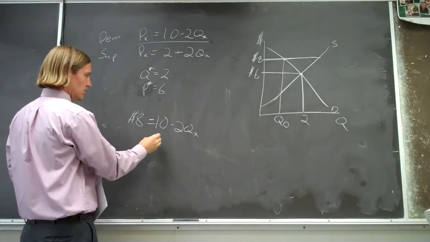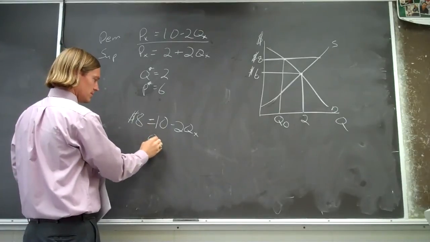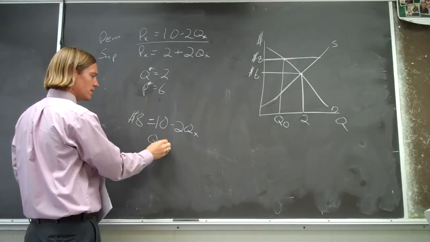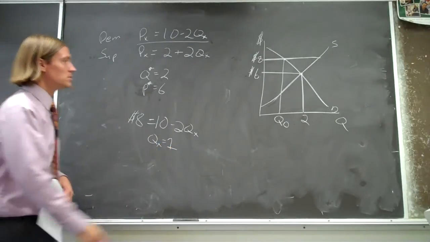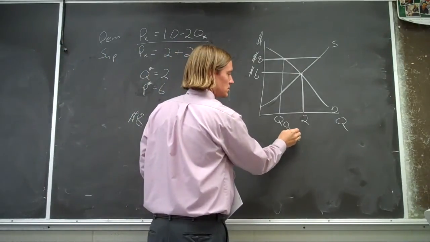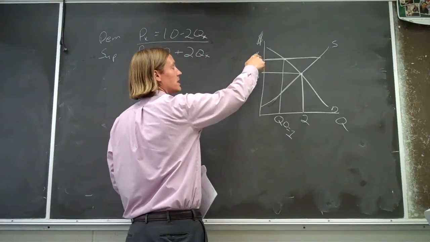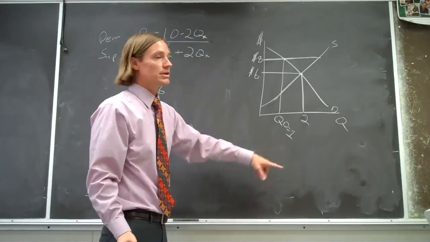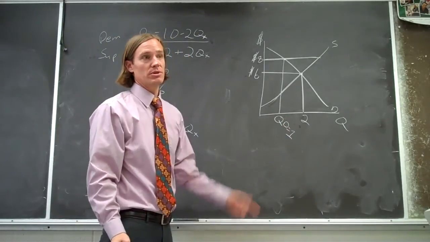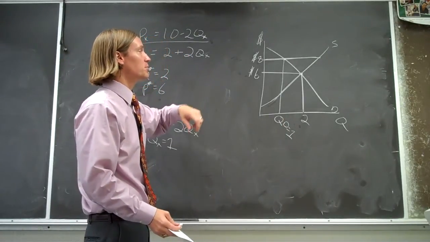And hopefully we can solve pretty quickly to see that our new quantity is 1. So this quantity is 1. When the price increases to $8, demanders are only going to demand 1 unit as opposed to 2 units when it was at the equilibrium price of $6.